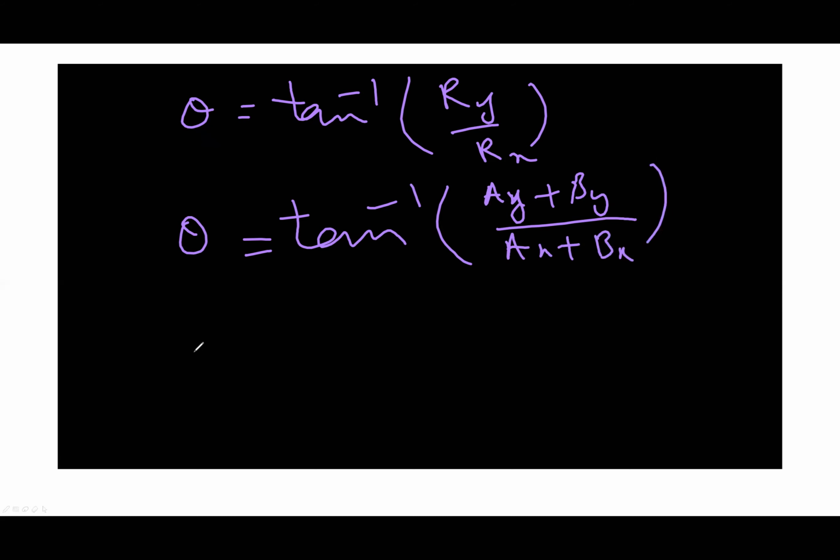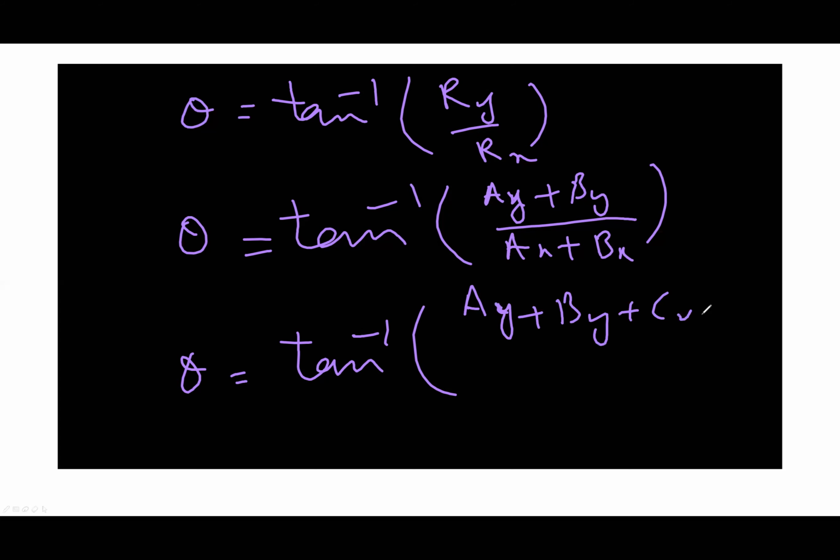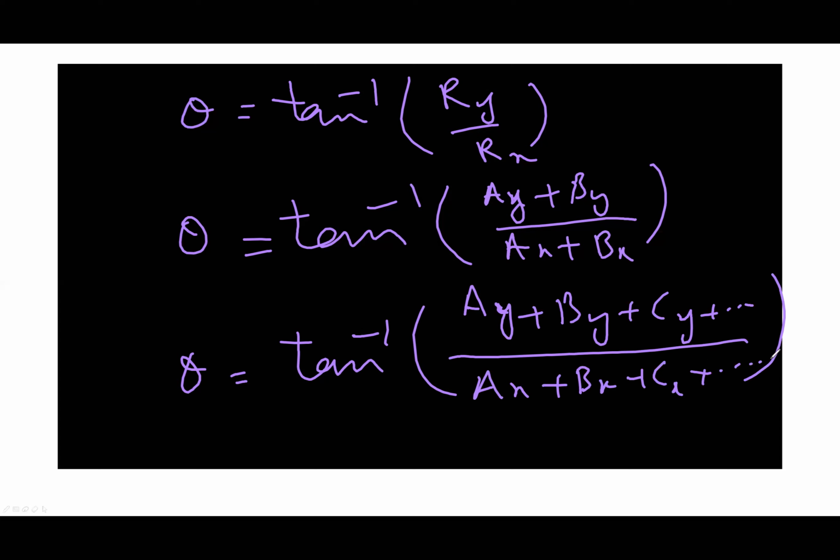So for n vectors we will write theta is equal to tangent inverse of Ay plus By plus Cy plus dot dot dot divided by Ax plus Bx plus Cx plus dot dot dot. So this is the relation for angle theta when we have two vectors, we have two rectangular components. For n number of vectors, you will generalize the relation.